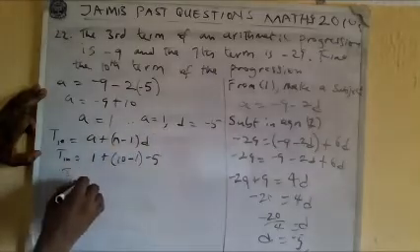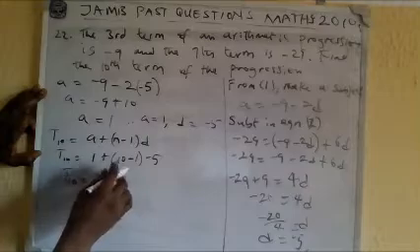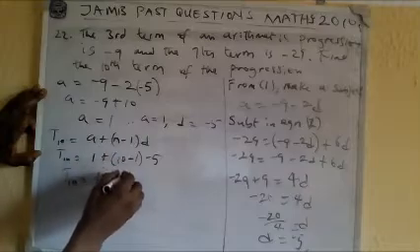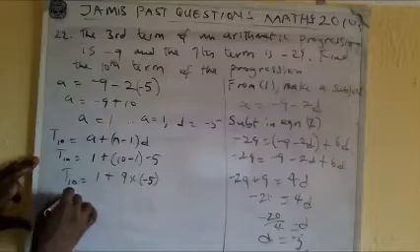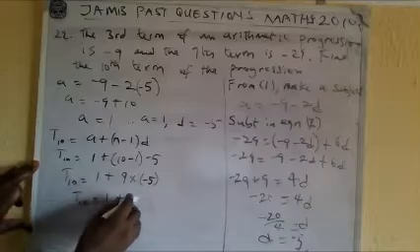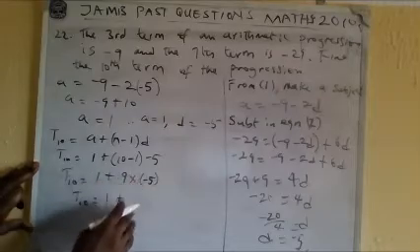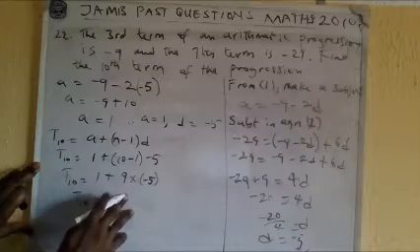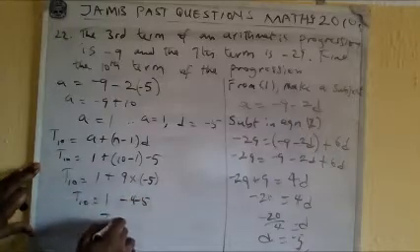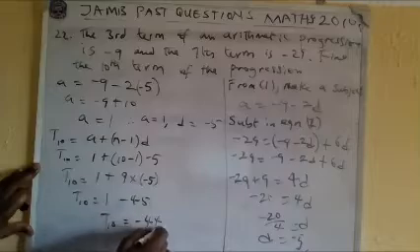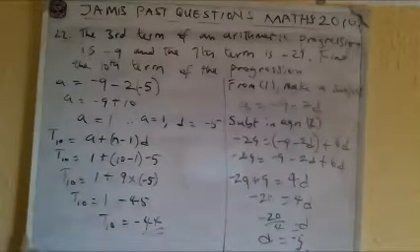So T10 is equal to 1 plus 9 times minus 5, which is minus 45. So T10 is equal to minus 44. That's the 10th term of that series, minus 44.